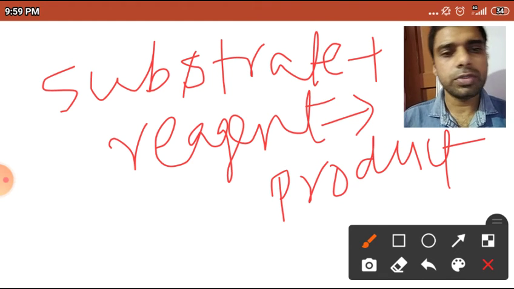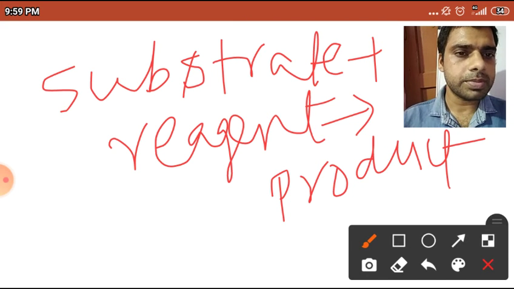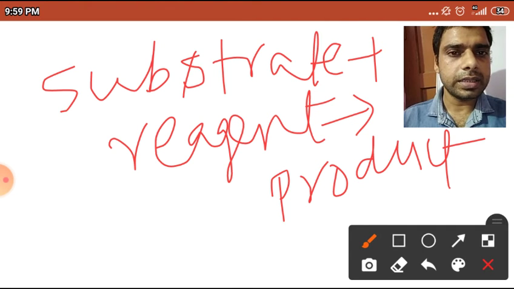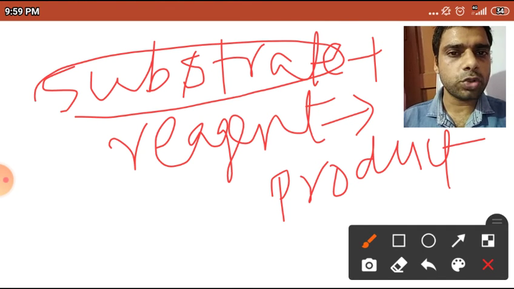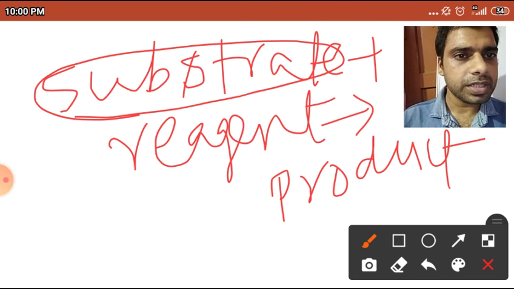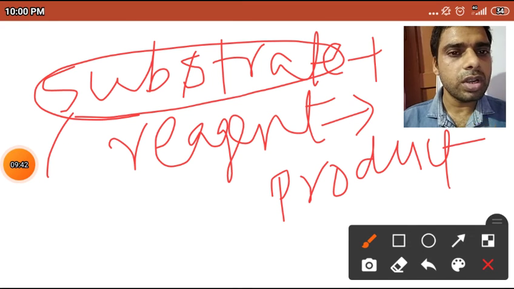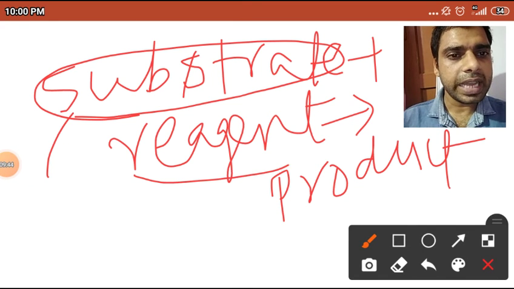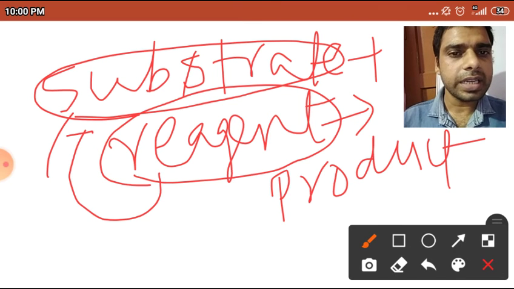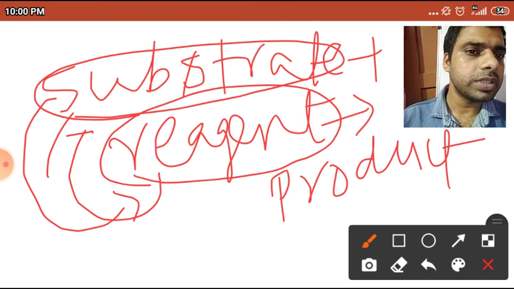So substrate, reagent, and that one is product, and here you can see that this substrate is providing one carbon for the bond formation. But I am telling you, sometimes this will also act as a reagent, and sometimes this substrate will go and react with the reagent.